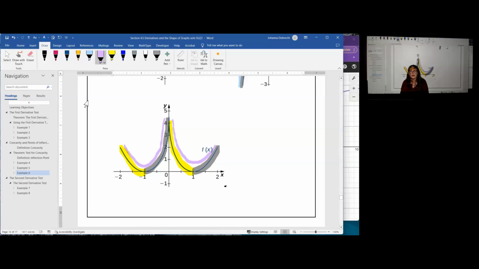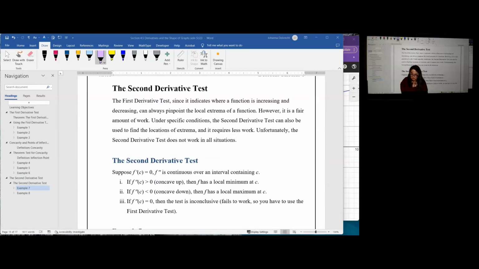Let's go ahead now and formally state the second derivative test. We'll have to be a bit more careful here because there is a condition under which it fails, and that is when the second derivative is 0, or when the second derivative is undefined, but the first derivative is.